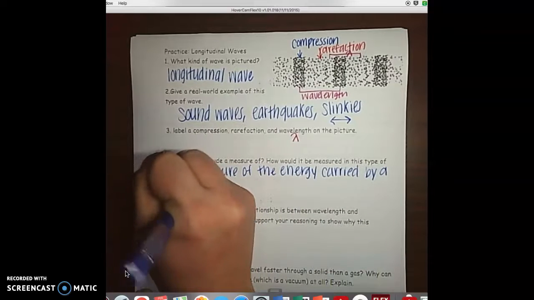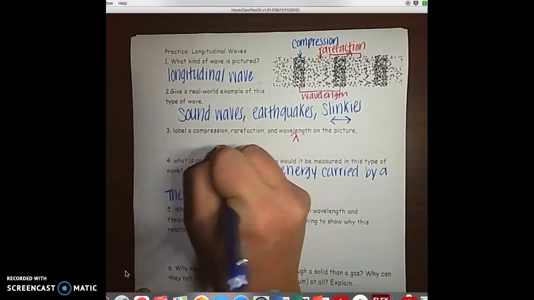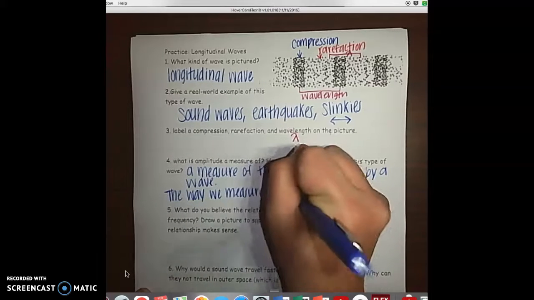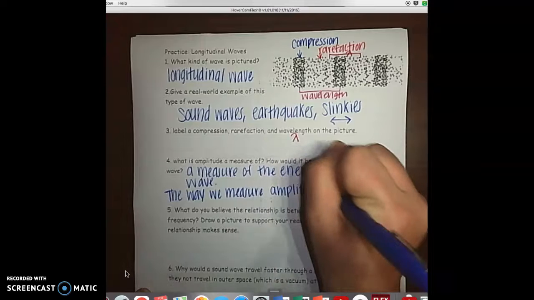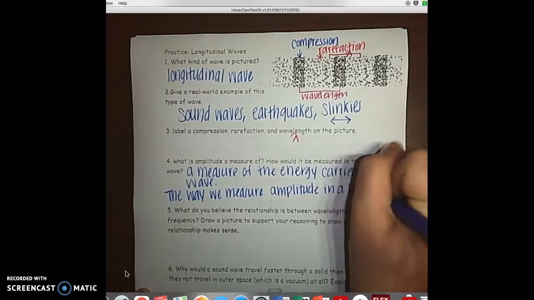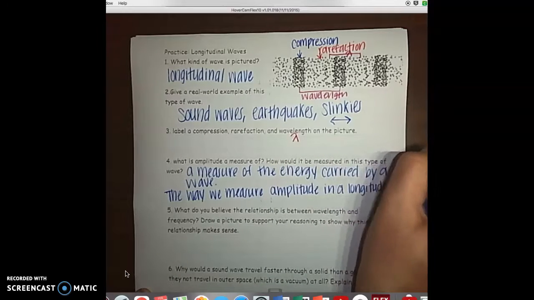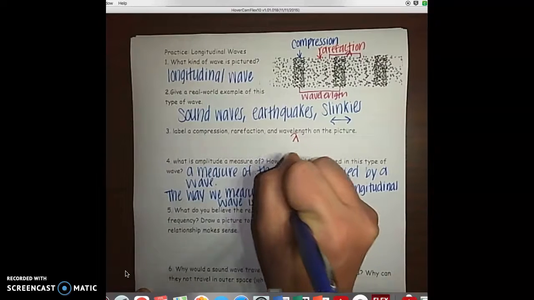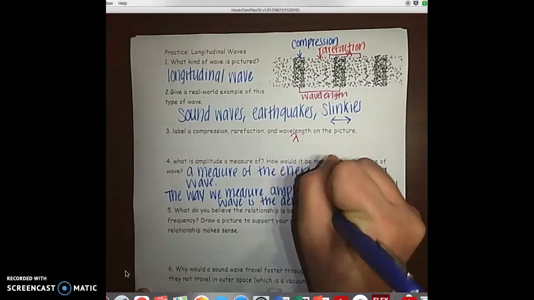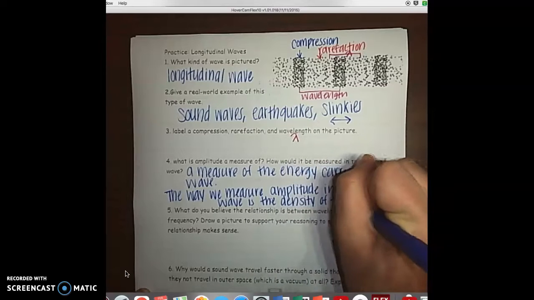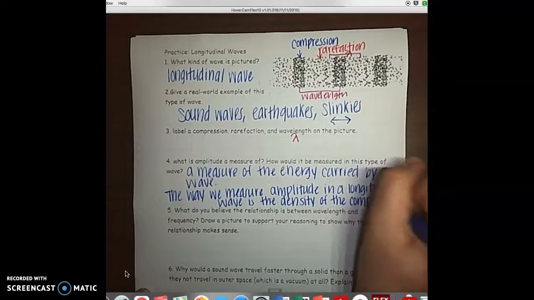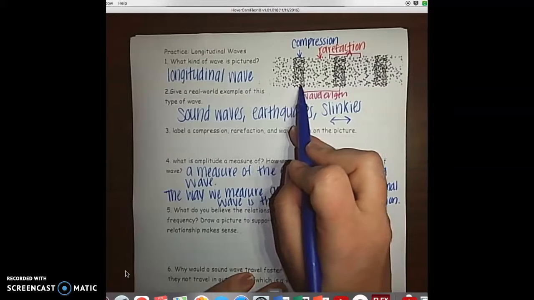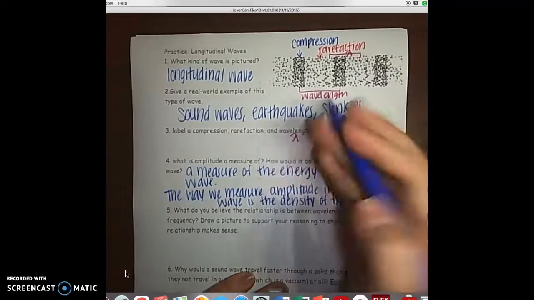So it's from one side of the compression to the other side of the compression that is going to be your amplitude.